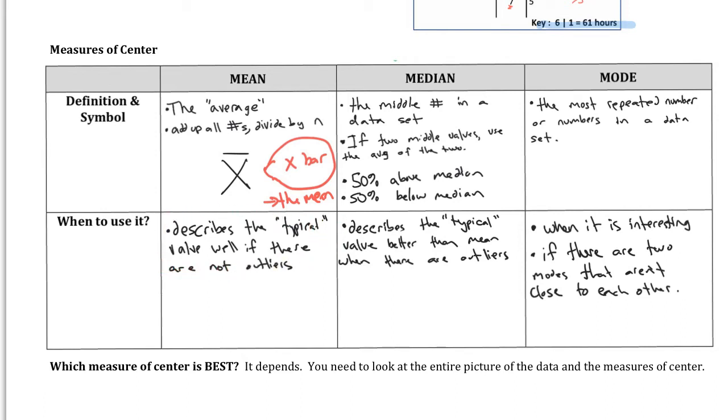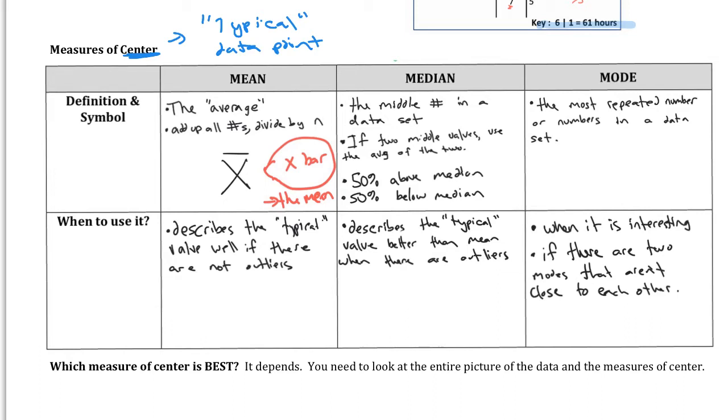This is a good time to talk about how a measure of center is really meant to be a typical, quote unquote, typical data point. A context you've seen this a lot is your test scores.